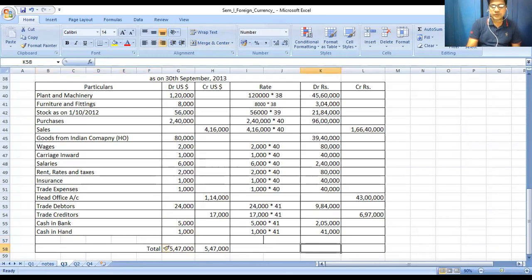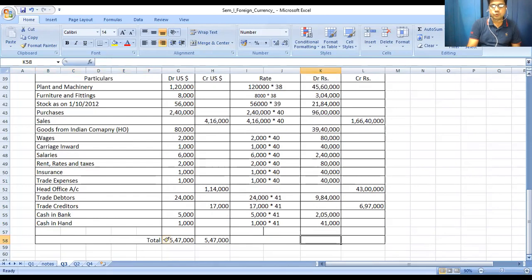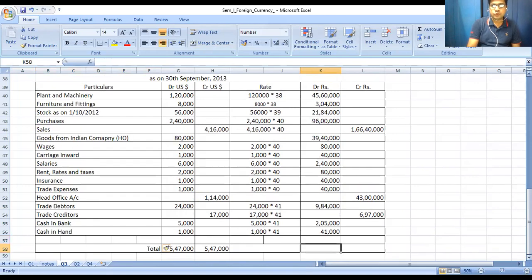For that purpose, we have to find out the total of the debit side. Can you find out the total of the debit side? Sir, 2 crore 23 lakhs 38,000.